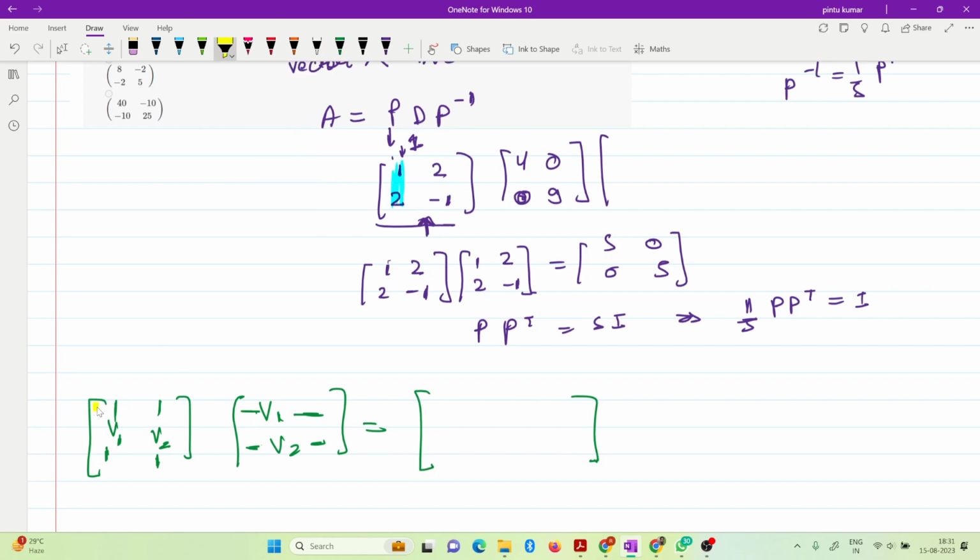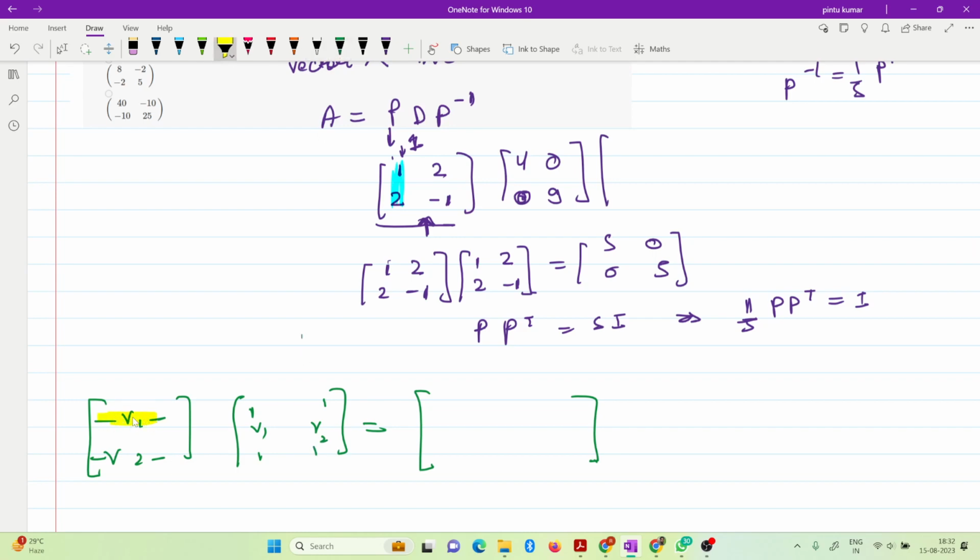So you will multiply this thing, let me write it the other way around. Let's say this is your V1, this is your V2, and this is your V1, this is your V2. How do you obtain the first element?